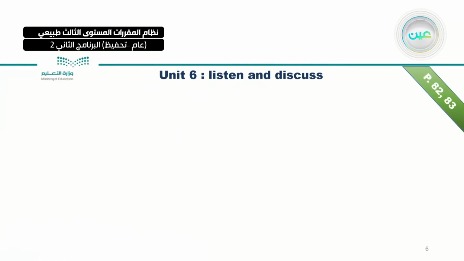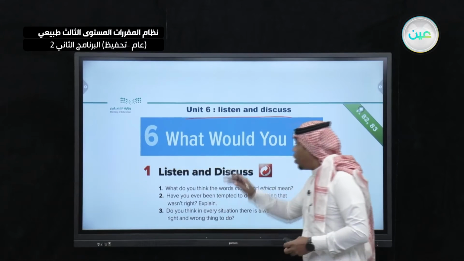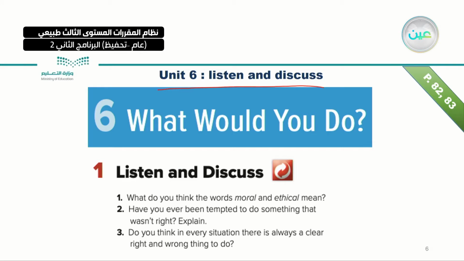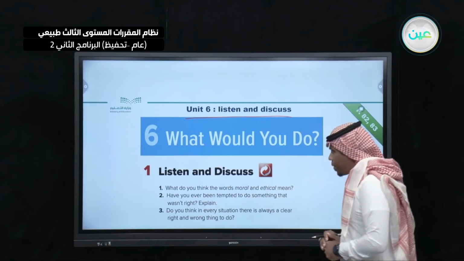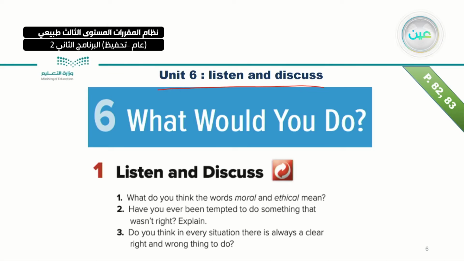Now we will move to Unit 6, listen and discuss on pages 82 and 83. And let's see the title of this unit. What would you do? This is the title of the unit. What would you do? Now, I need you to think about these three questions. What do you think the words moral and ethical mean?